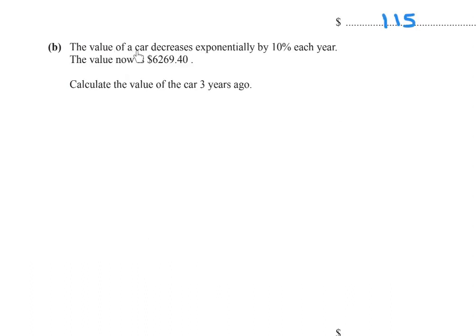B, the value of a car decreases exponentially by 10% each year. The value now is 6,269.40. Calculate the value of the car 3 years ago. So we need to find the value 3 years ago. So this is the new value, which is 6,269, equals the old value. We can write X for the old value, times 1 minus, because it decreases, 10 over 100 to the power 3.